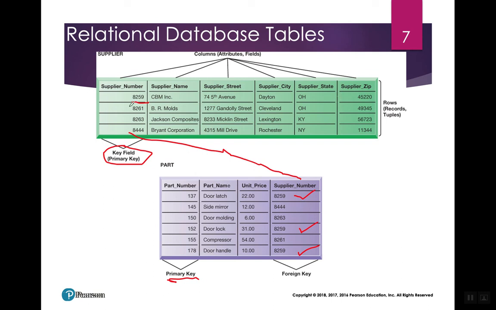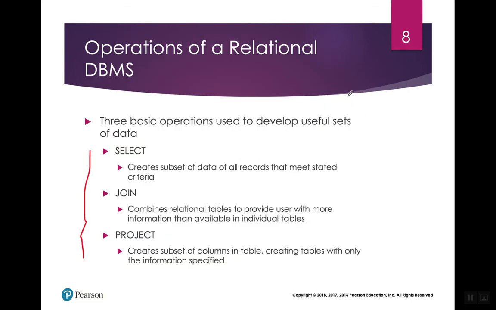I can retrieve all of this data based upon my selection criteria. I can return the entire table: if I simply say select, I get all the data in the table. Or I can say select where certain attributes are equal to certain values, and it'll bring back that data.